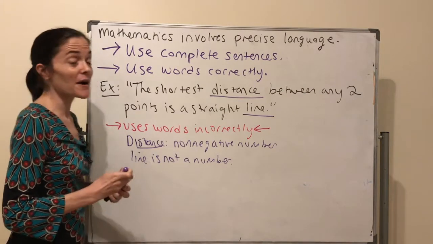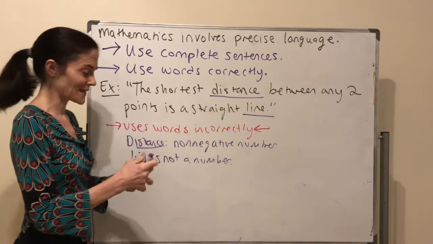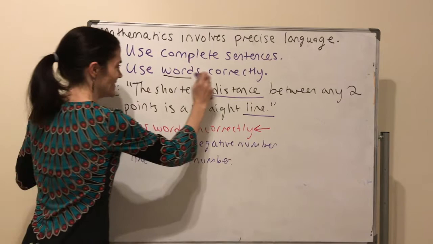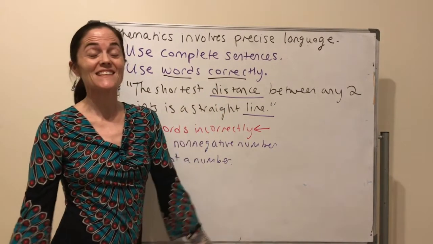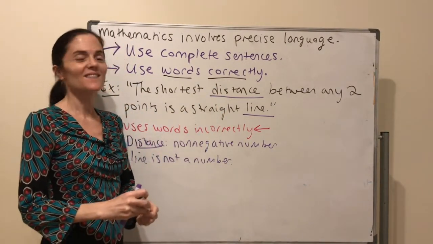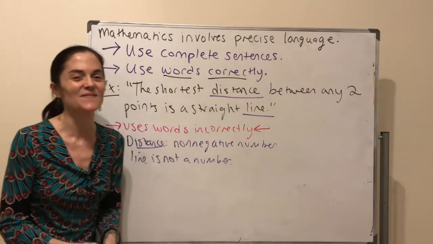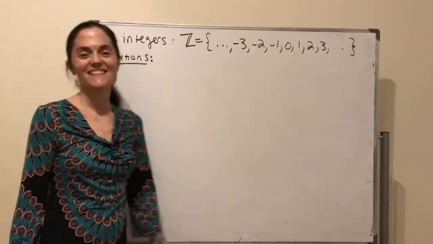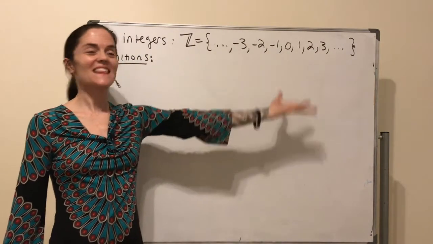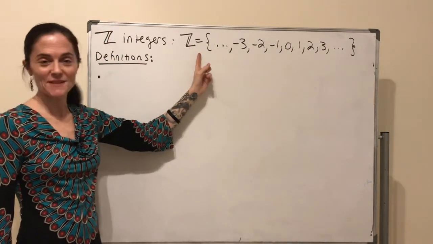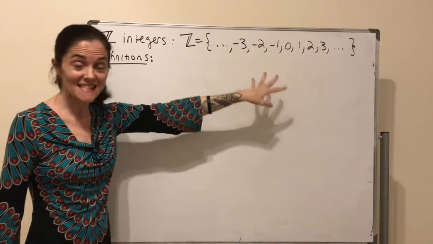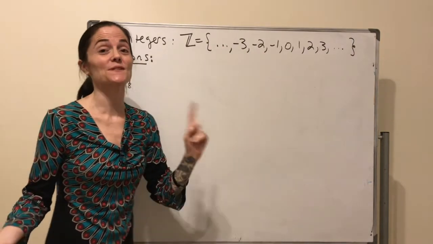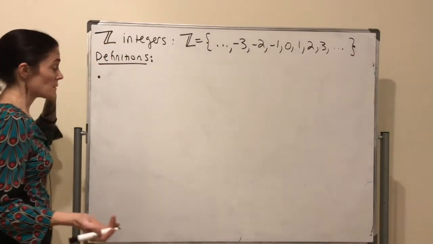Now, if we are going to use words correctly, which is a very important part of this course, we need to begin with some definitions. So let's talk about some definitions now. Let's start with the integers, which we have discussed this notation and the set of the integers. This was the first day of class. Now, some definitions.